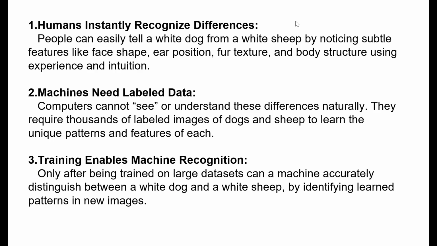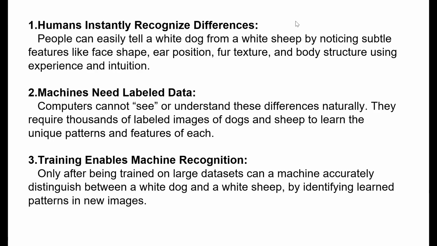Humans instantly recognize differences. Yes, we humans, at the first glance, can identify the object, whether it is a dog, sheep, or any other object. We don't need to make ourselves understand. At the first instance, we can identify those objects, isn't it?